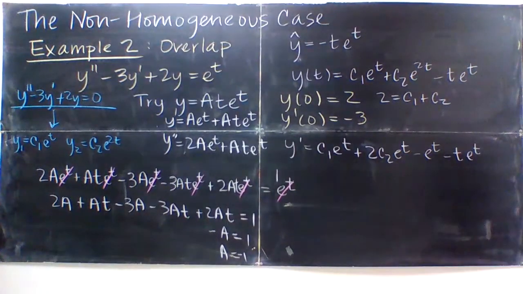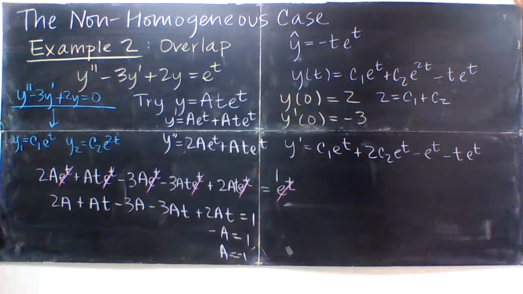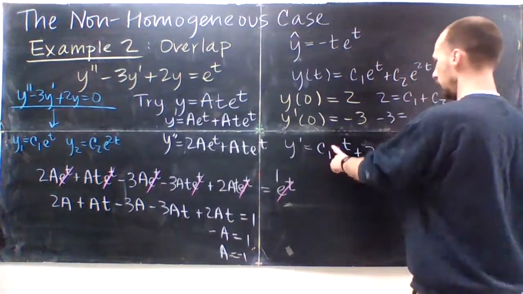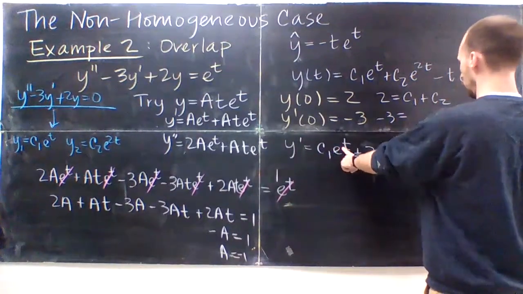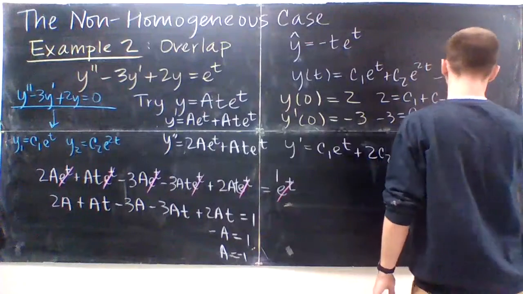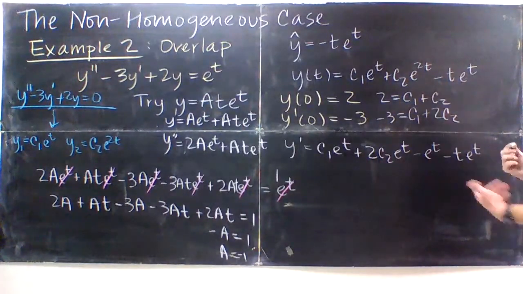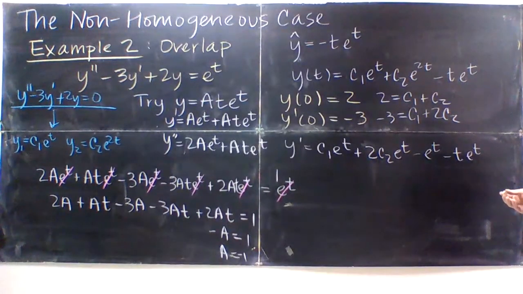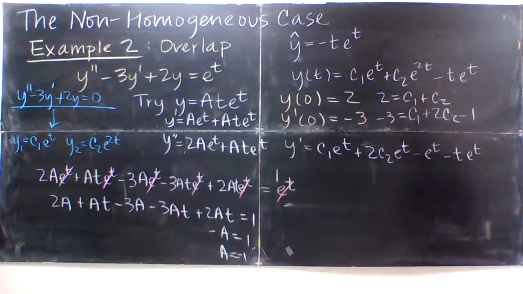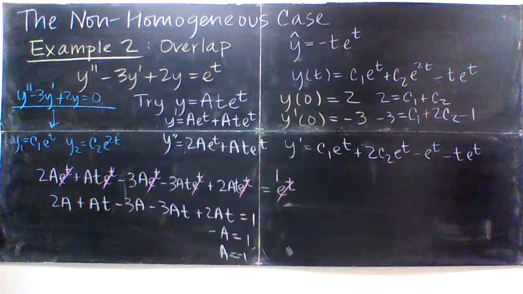Okay, and then y prime of 0, if I have that being -3, will be equal to c1 plus 2c2 minus 1. Okay, I know from linear algebra this is going to have a solution. Right, if we have different slopes here, we will have at least a solution. It might not be very good, and I just have to solve this system for c1 and c2, right?